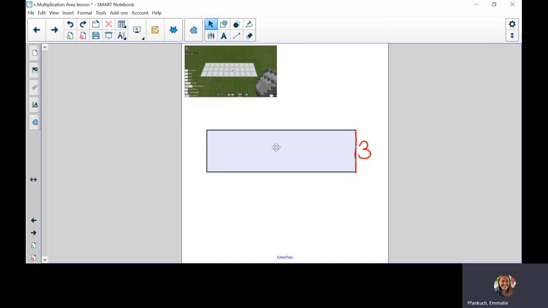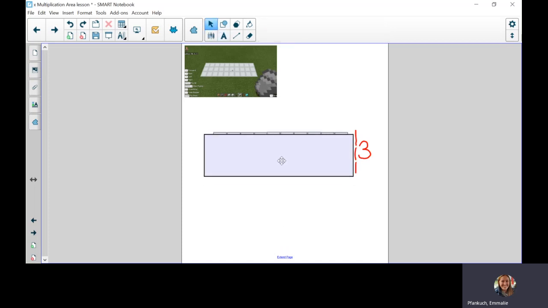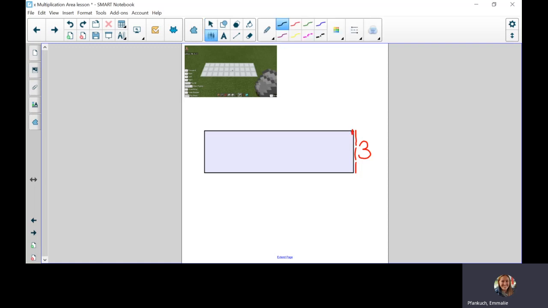We can't see them, but if we were to get out a measurement, we would be able to see there's 3 units there. And from here to here, it was 10 units wide. So because we can't see through this and count all those underneath, we need to use multiplication to help us solve that.